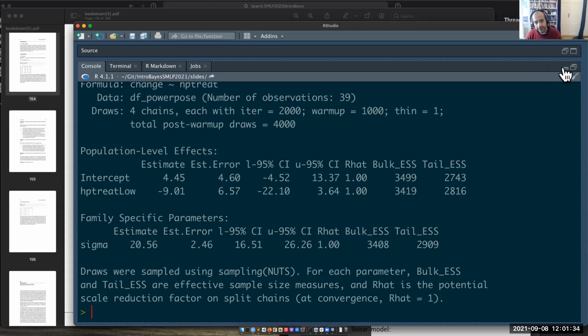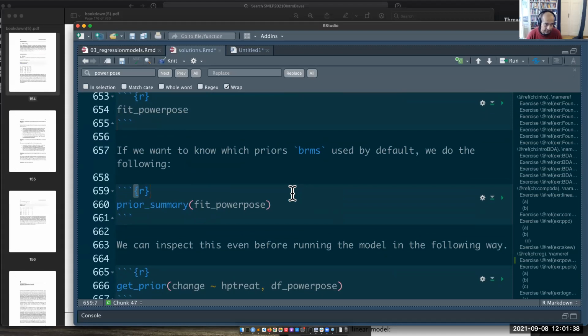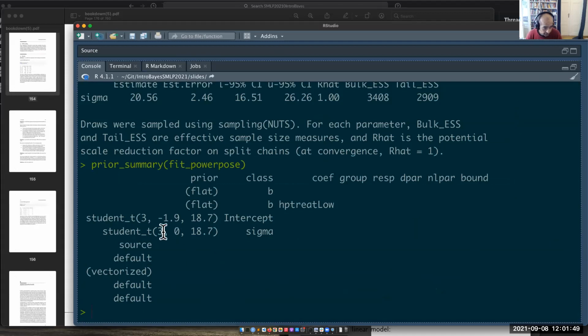One interesting question now is, what are the priors that BRMS used? Well, we can look at those. You have the prior summary command. I hope it still works. Let's see. Yeah, it prints out the priors that the system figured out for us. What the author of BRMS did is that they defined some flat prior on the intercept and some flat prior on the slope, right?